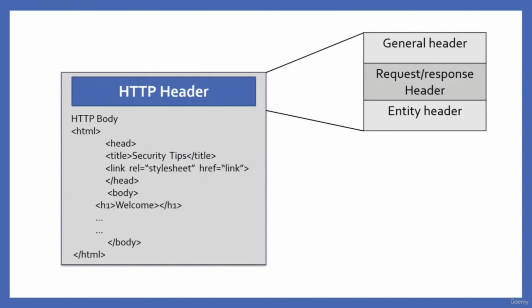So with HTTP, you could possibly get the HTTP header information that includes the general header, request and response header, or the entity header. And then within that you would have the HTTP body, which holds the HTML code or the web page so that it can rebuild that in your browser.